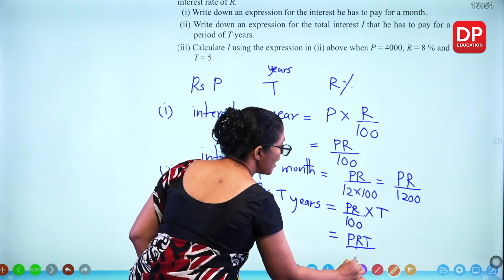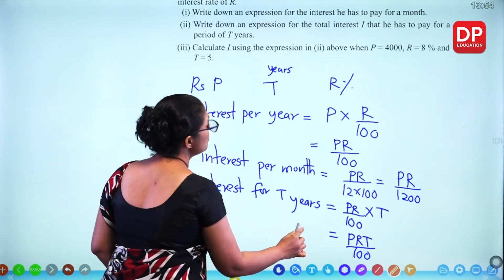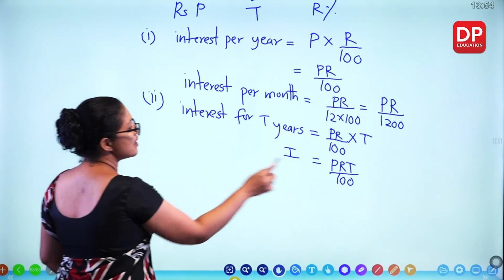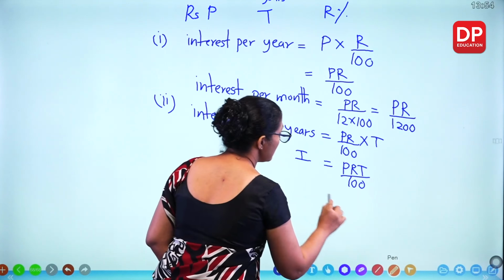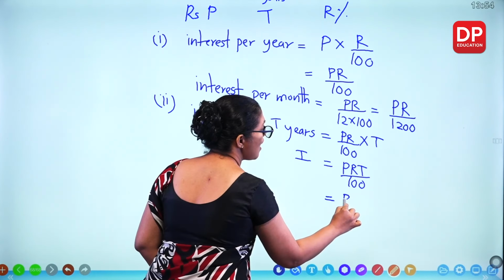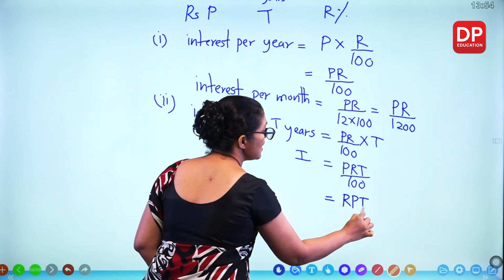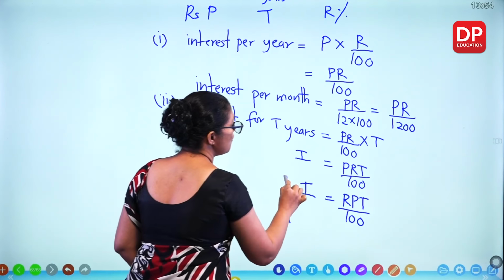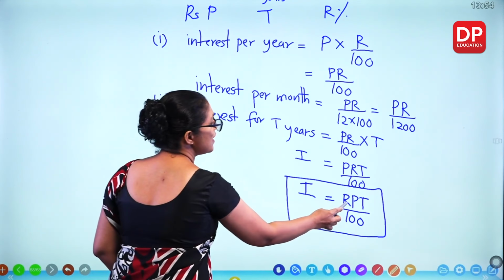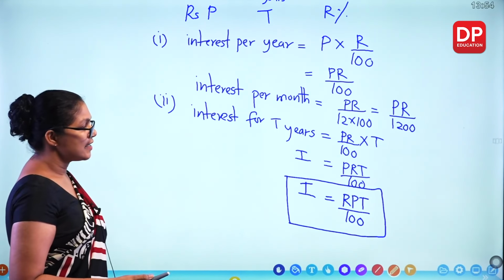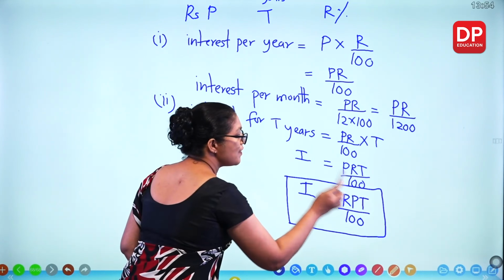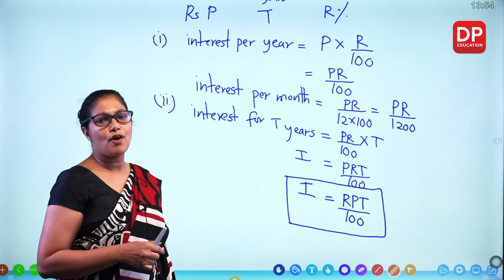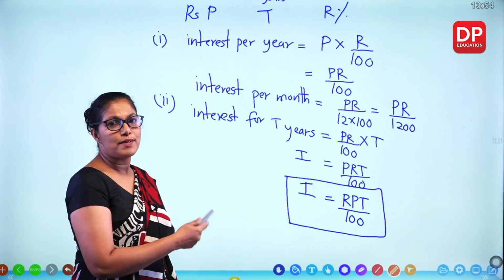PRT over 100 is equal to I. But in books, to read out easily, it's given like RPT over 100. So if you know the initial value, the rate for annual charge and the number of years, you can straight away calculate the interest for T years from this formula.